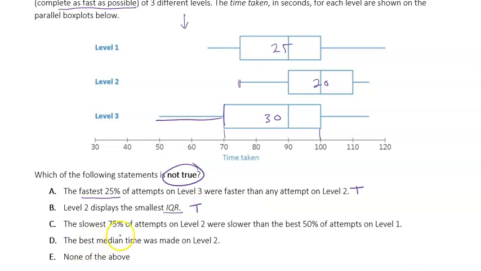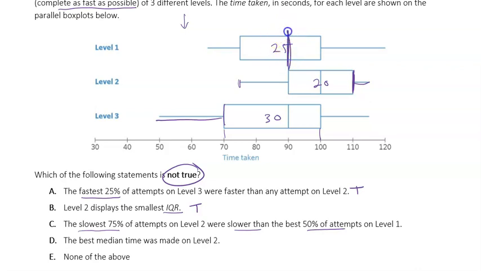C, the slowest 75%, so slowest is our upper end, so our upper quartile of attempts on level 2 was slower than the best 50% of attempts on level 1. So upper end here for level 2 is slower than, so higher than the best 50% on level 1.